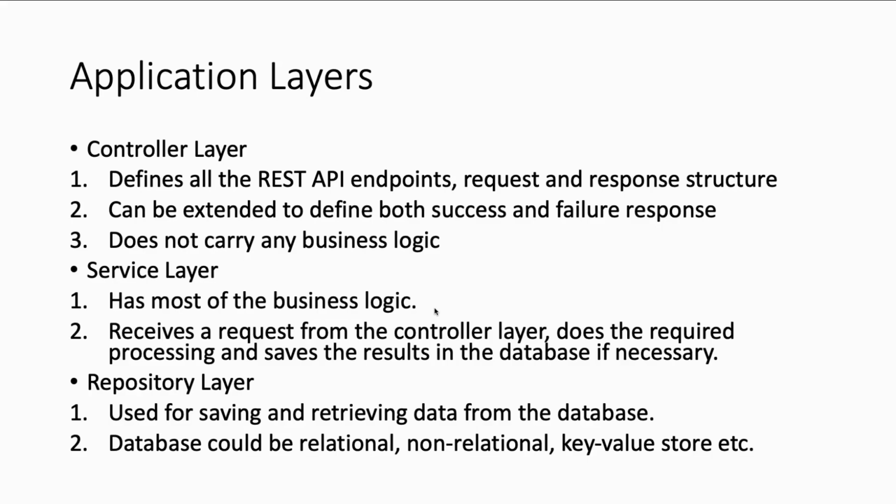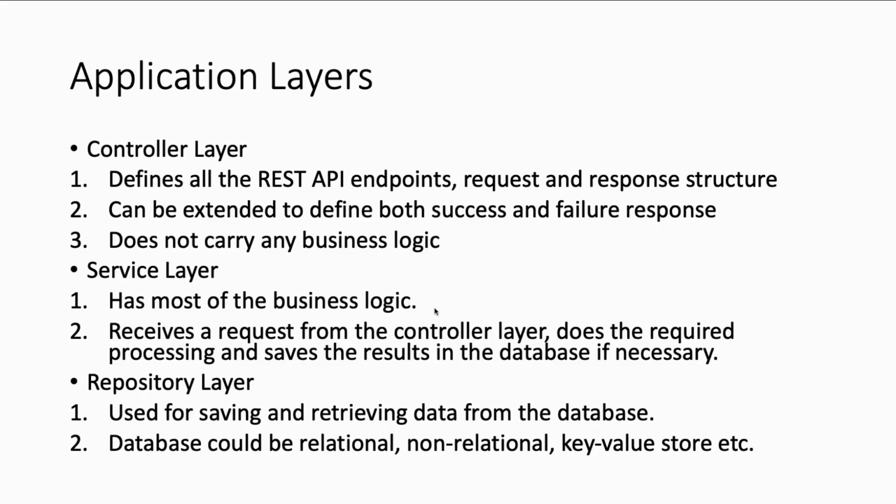It might also define what the request will be, and we'll see what a request and a response are. But in general, any API would take some inputs as a request, do some processing on those request parameters or request body, and then send back a response to the client.